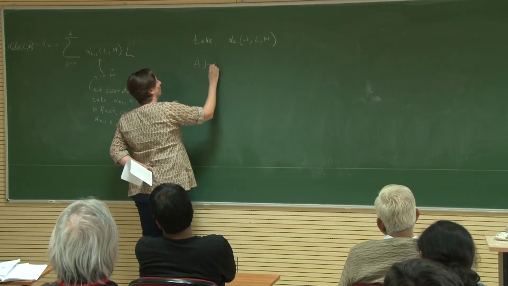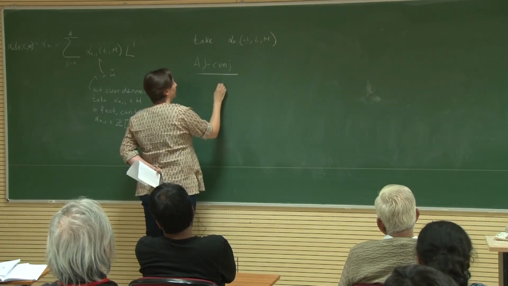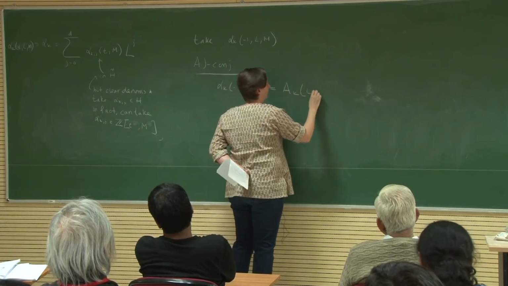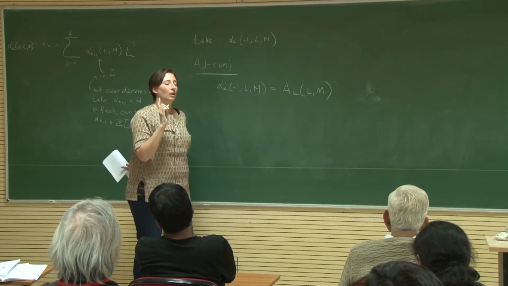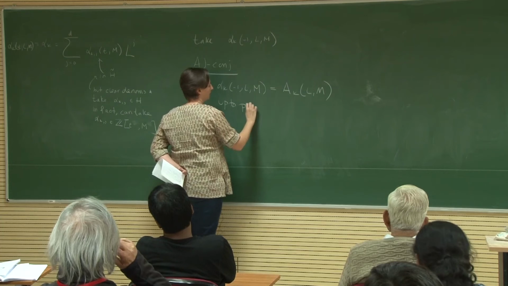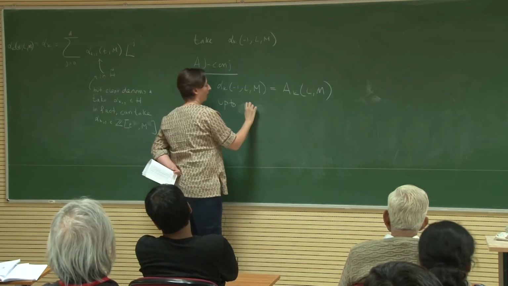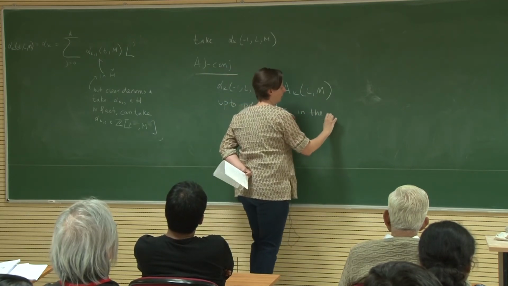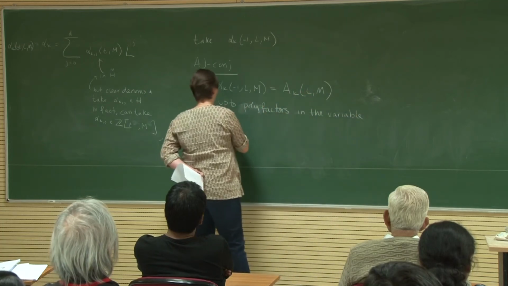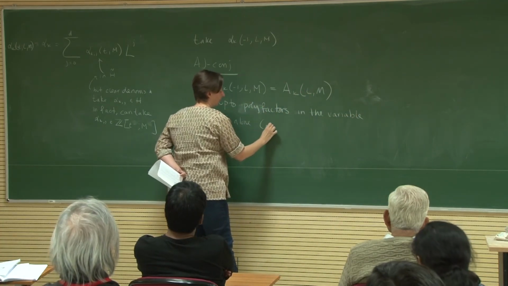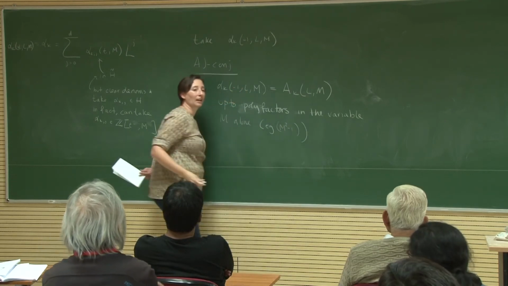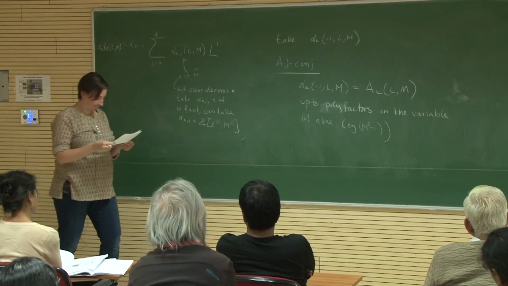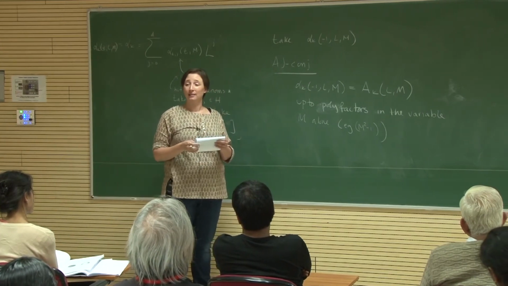And the AJ conjecture is that alpha k and the A polynomial are equal up to polynomial factors in the variable m alone, something like an m squared minus 1. And this is known for a bunch of classes of knots.